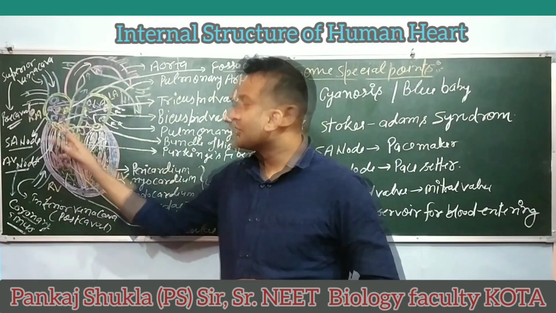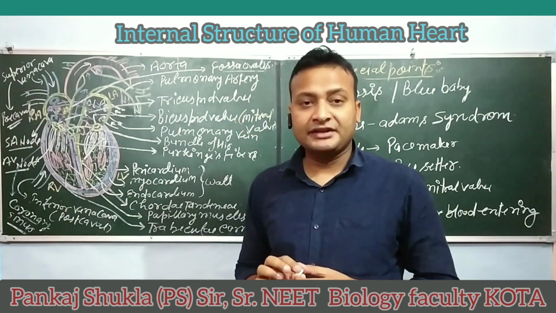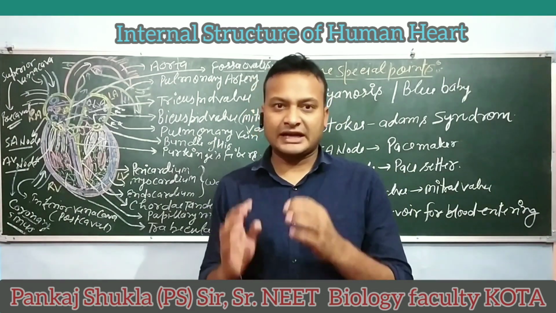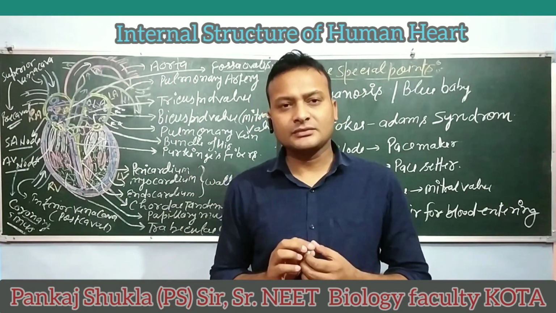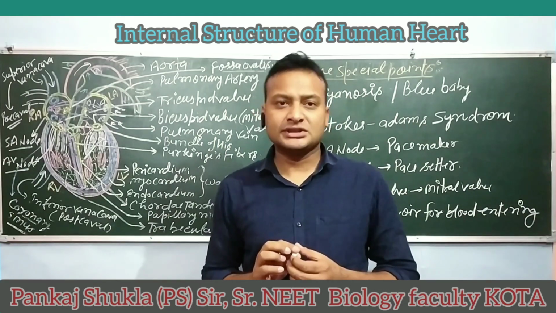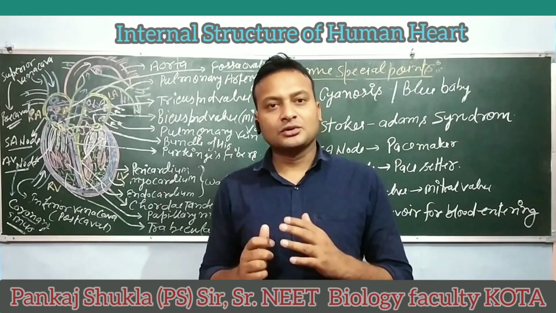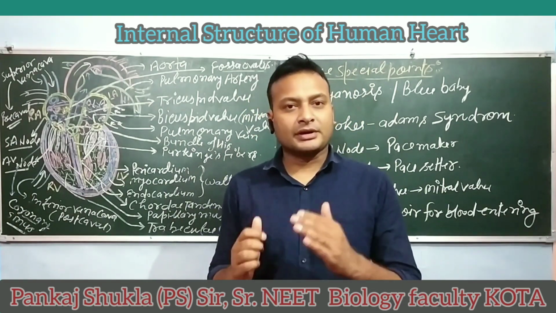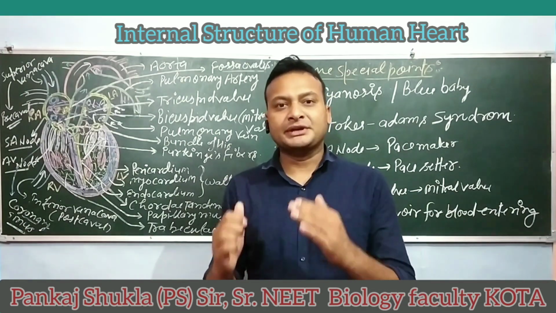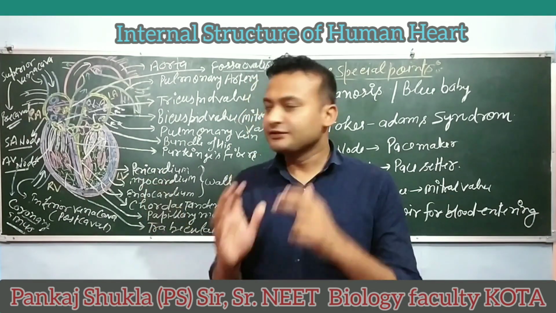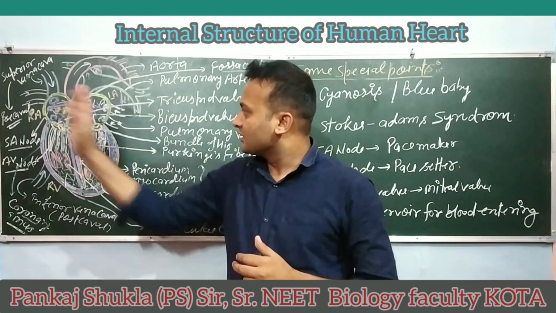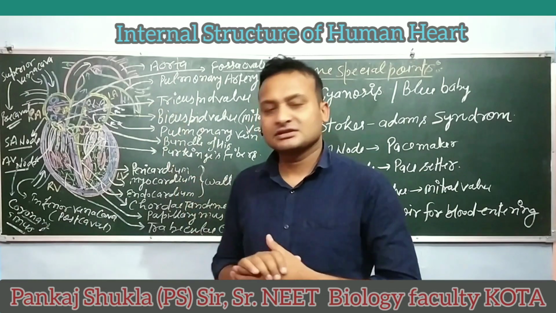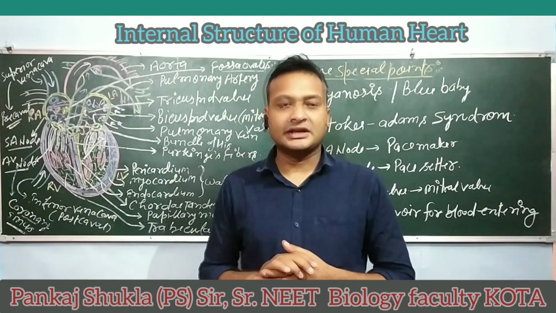We know that the SA node, called the pacemaker, has the maximum action potential and is the basis for the rhythm of the heartbeat. But if the SA node is damaged, the AV node generates action potential, which is not sufficient, so abnormal beating takes place, in which doctors implant an artificial pacemaker, which is made up of a lithium battery.